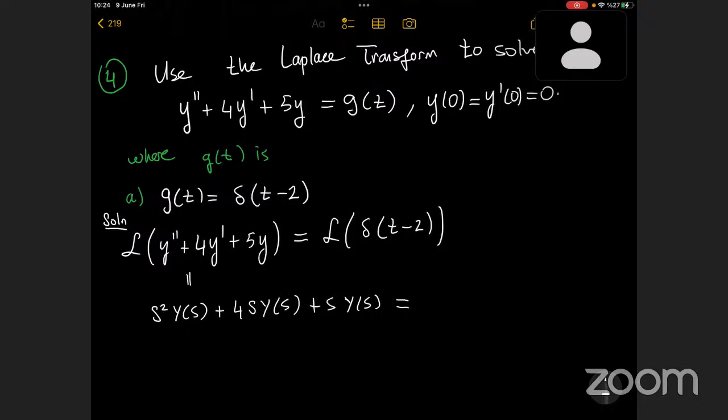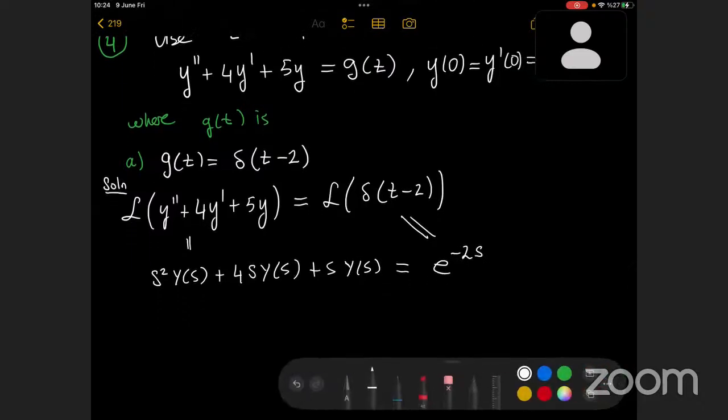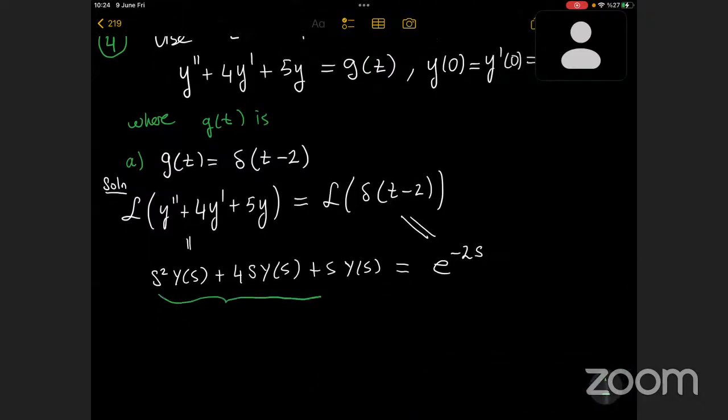On the right hand side, here we find the Laplace transform of delta function. It's e to the minus 2s. Well, we can organize this. Put in Y(s) parentheses. It's going to be s squared plus 4s plus 5.